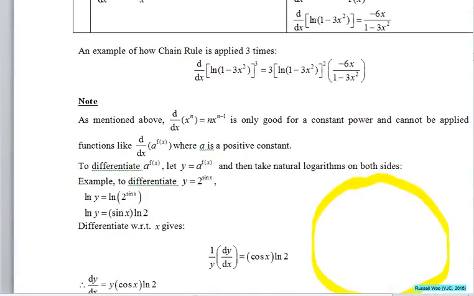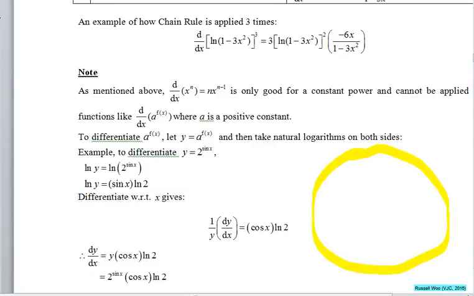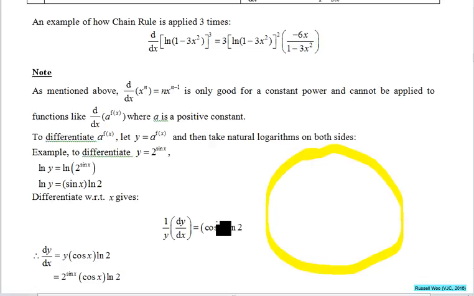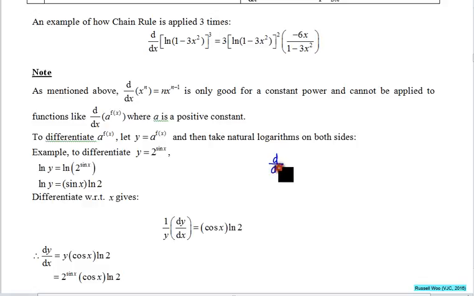Okay. And then I highlight this part. I just want to emphasize this. You must be very careful. Let me erase this one. I want all of us to know what is the difference between differentiating x cubed versus differentiating 3 to the power of x. Do we know the difference?